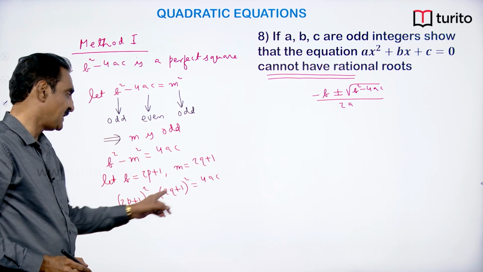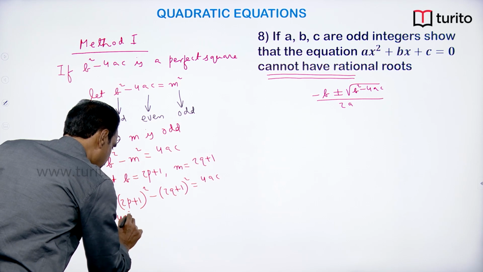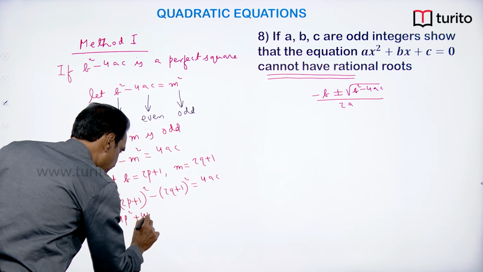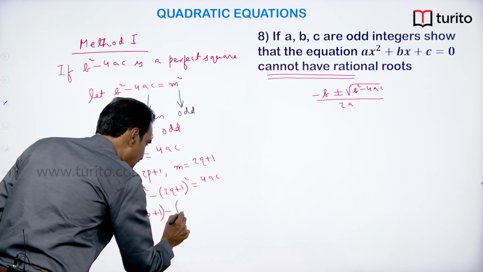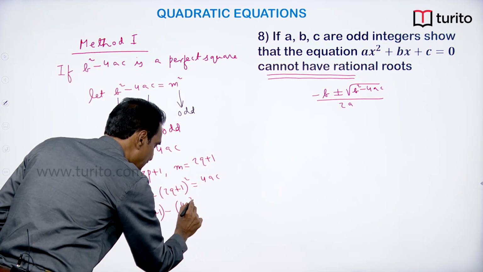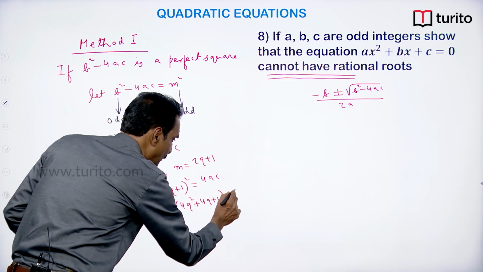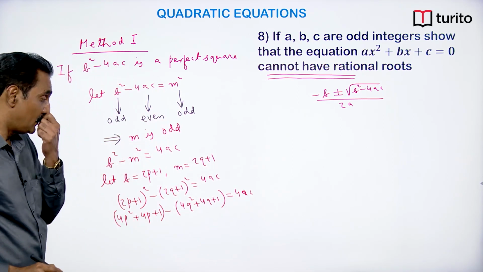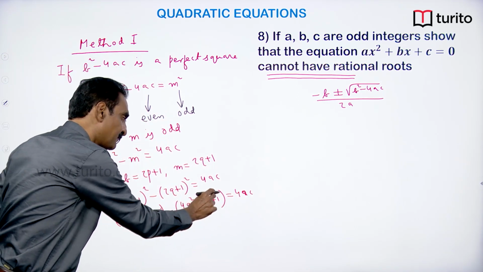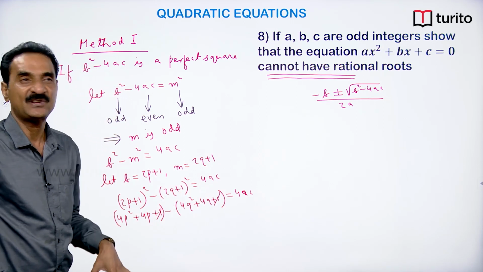What happens if you expand? You will get 4p square plus 4p plus 1 minus (4q square plus 4q plus 1) is equal to 4ac. Now, cancel 1. In the remaining, 4 can be cancelled on both sides.